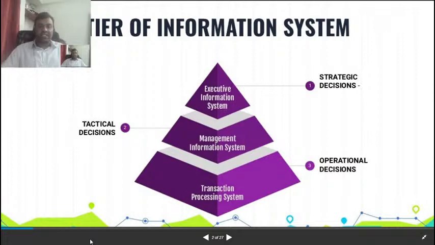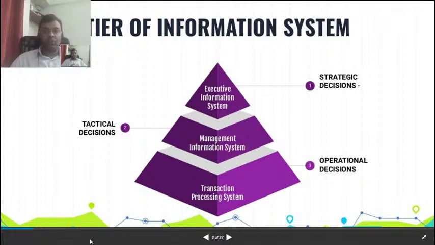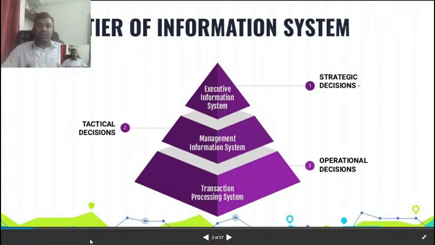The third part is Executive Information System, which is our today's topic. Your top level management requires a completely different kind of information. Maybe they are not into operations, finance, or accounts.